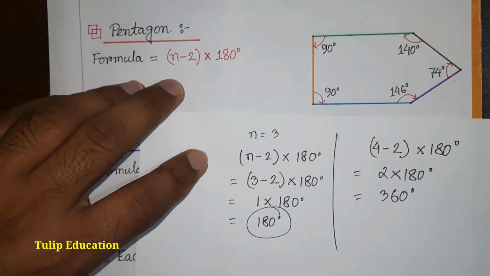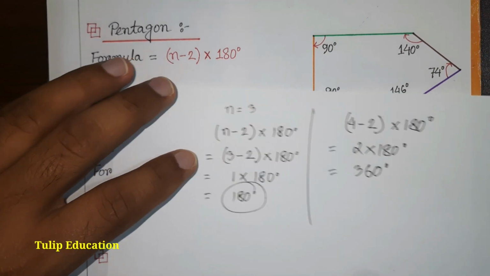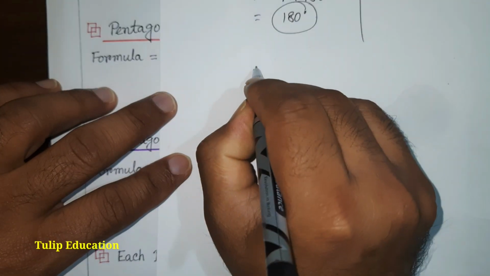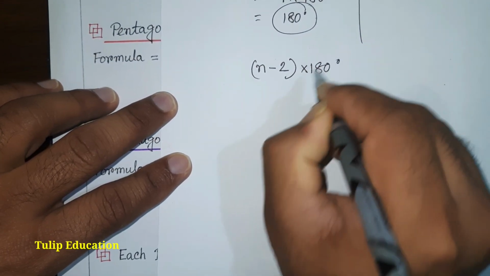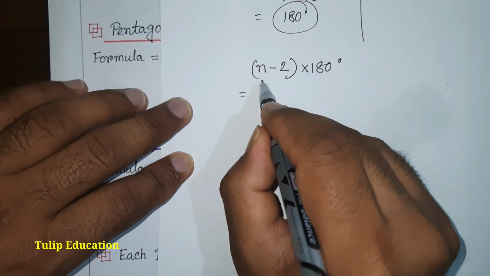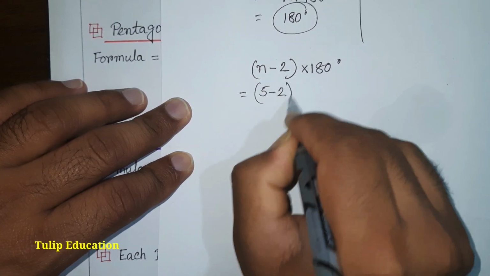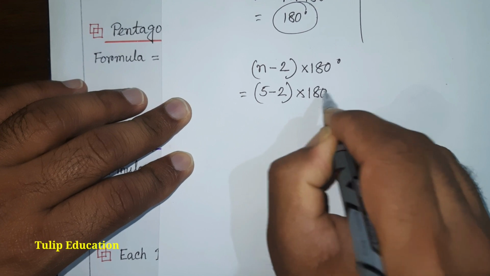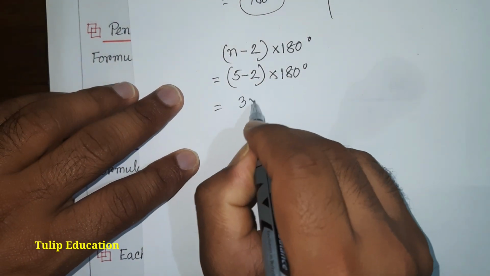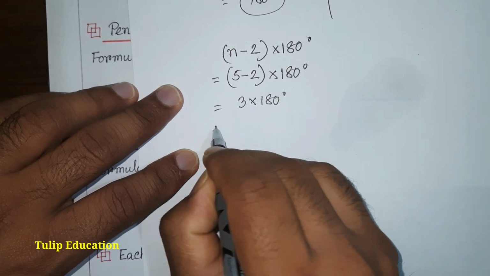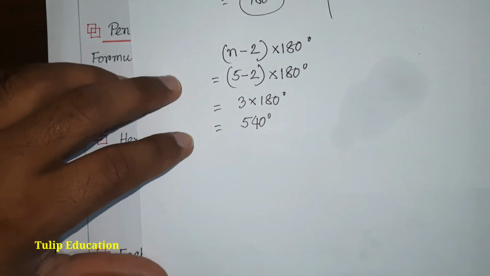The formula is (n minus 2) multiplied with 180 degrees. And the result will be, for pentagon, the value for n is 5. (5 minus 2) multiply with 180 degrees. We will get here 3 multiply with 180 degrees, and the value is 540 degrees.